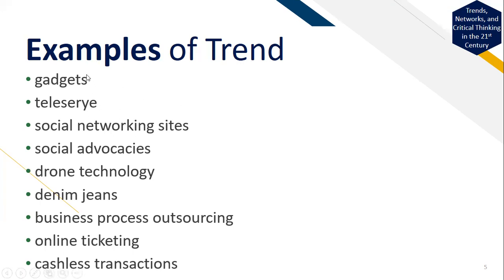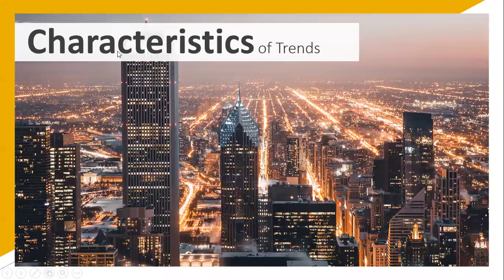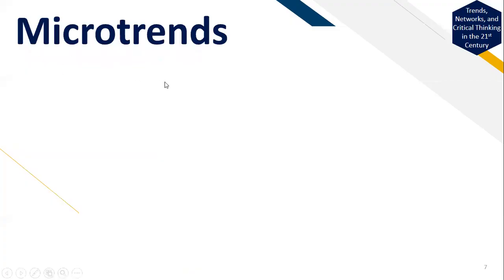Again, these are some of the many examples of a trend. Next, what are the characteristics of trends? When we say characteristics, what makes up a trend? What are the particular things that make up a trend? Number one is micro trend.